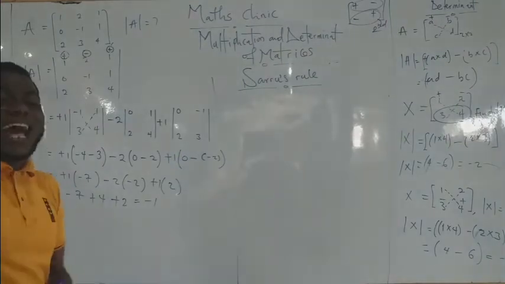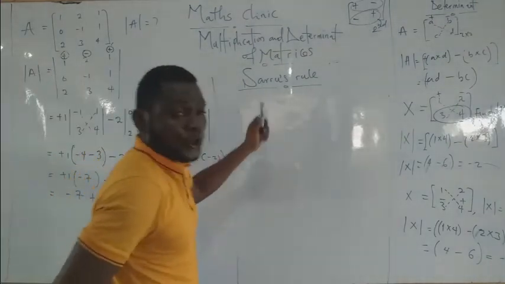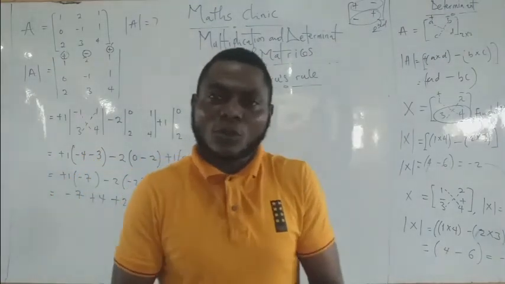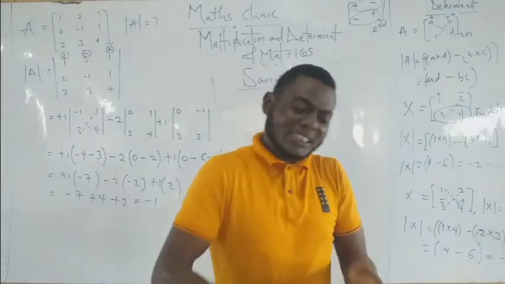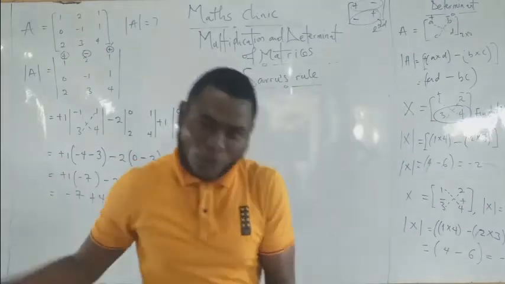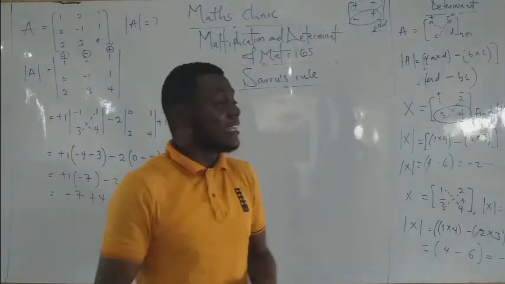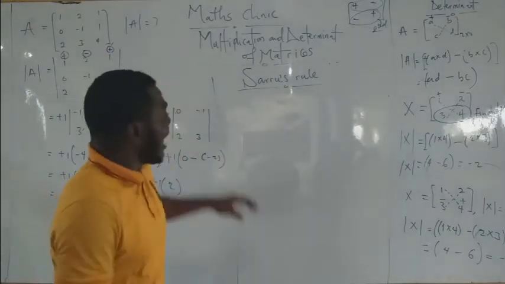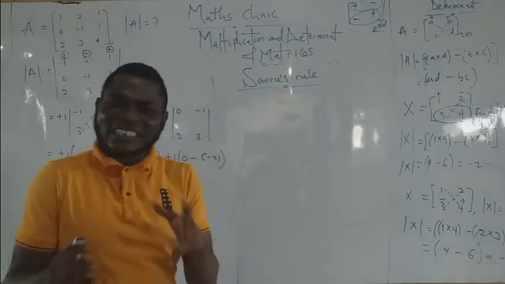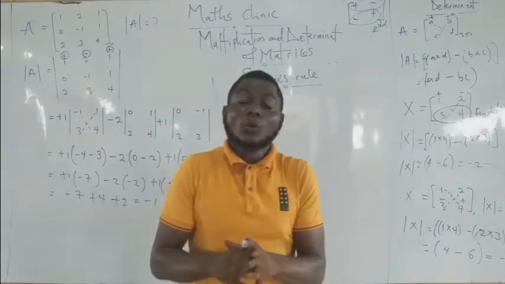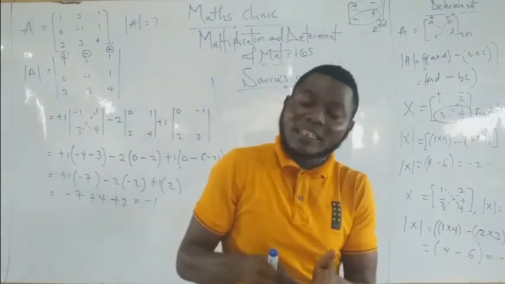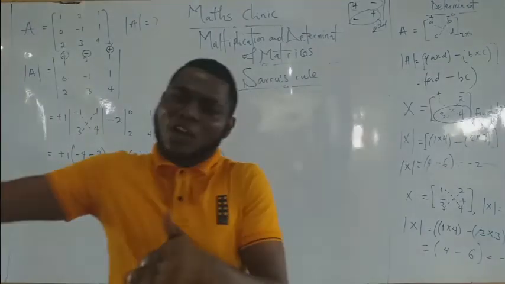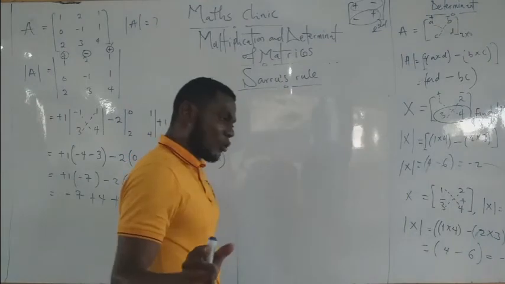The man says that in order to use this rule to find the determinant of a matrix, we need to rewrite the first column and the second column again. I'll take it again. The rule says that in order to use this rule to find the determinant of any matrix, we have to repeat the first column and the second column. Take note of that.